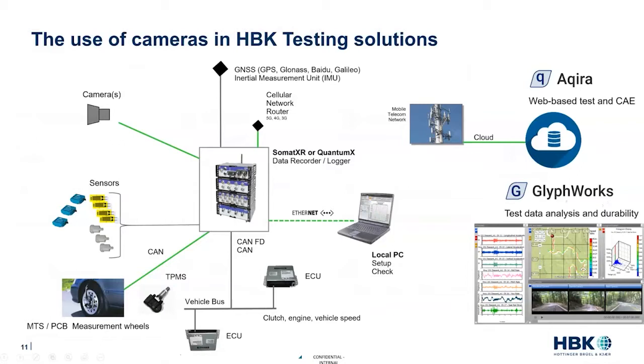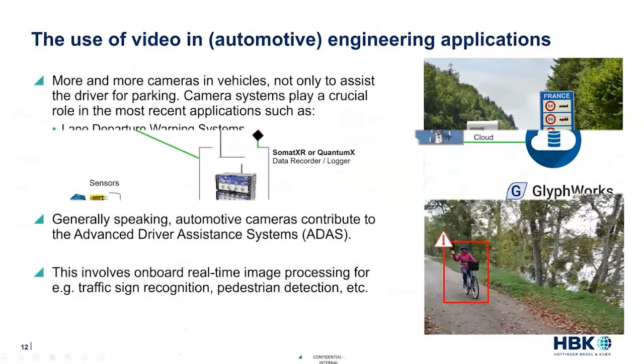So lane departure, forward collision warnings, blind spot warning, driver monitoring systems to make sure you're not falling asleep while you're driving, for instance. But generally speaking, cameras play a very, very important role in the advanced driver assistance systems, the ADAS.